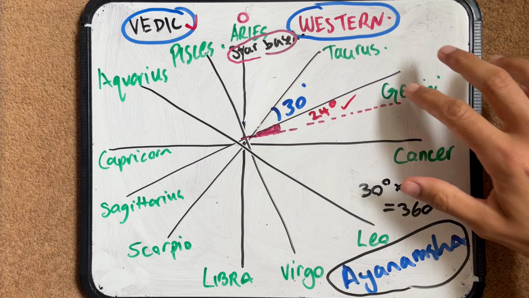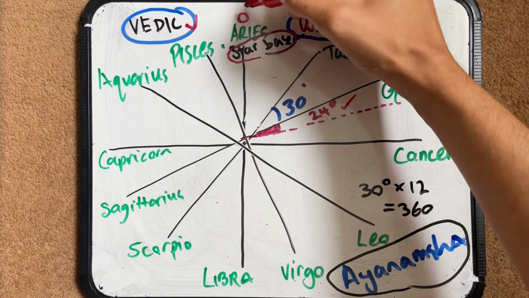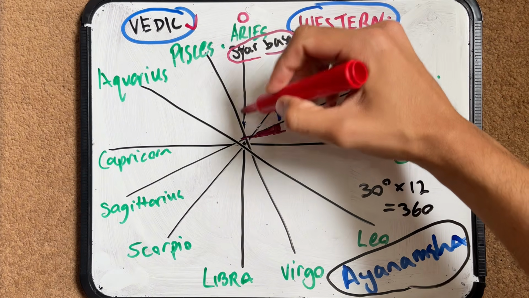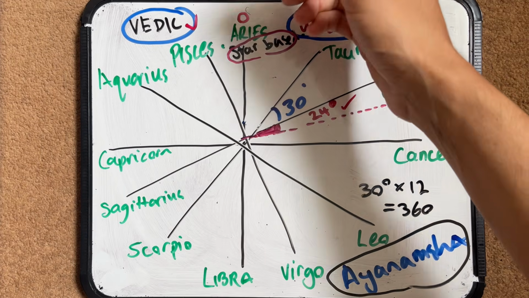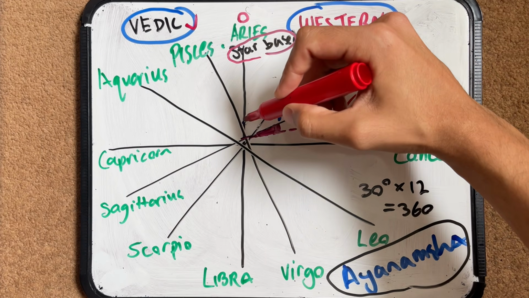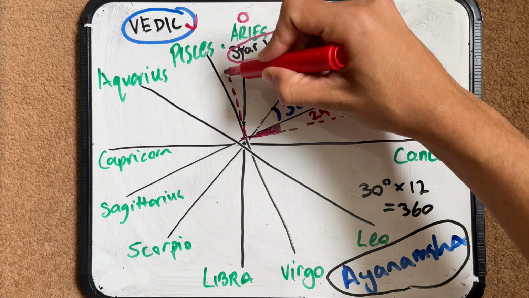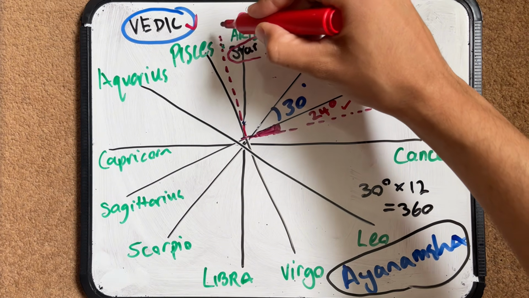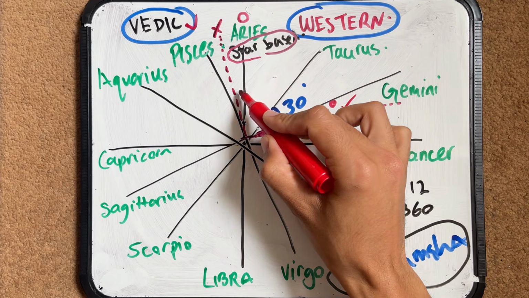That means if your sun is at 10 degrees in Aries in Western tropical astrology, in Vedic sidereal astrology it may move back by 24 degrees.